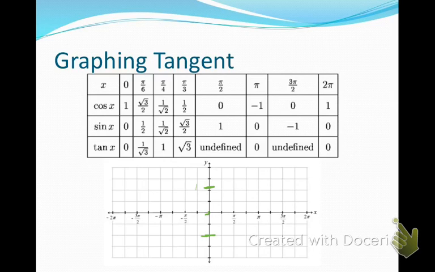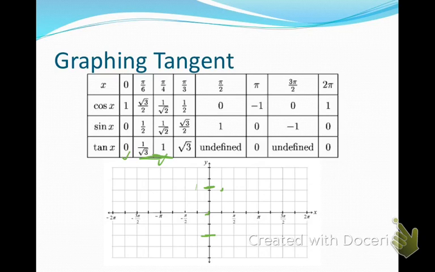So I'm starting here at 0, 0. At least the pi over 6, I'm not quite sure where that is, but I do know where 1 is. So you could graph a little bit more precisely by figuring out what 1 over root 3 is, but I'm just going to try to get the bare bones here.